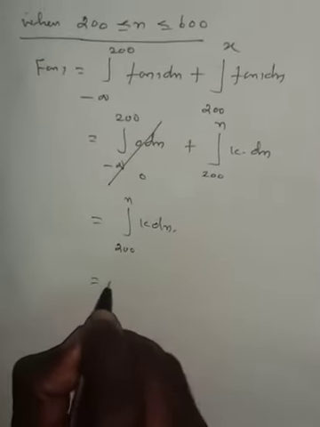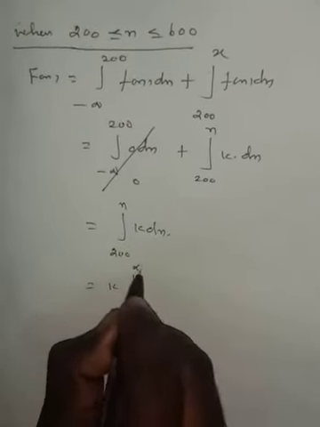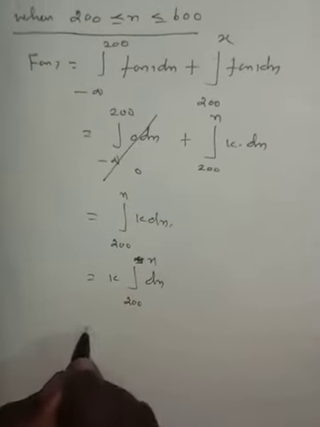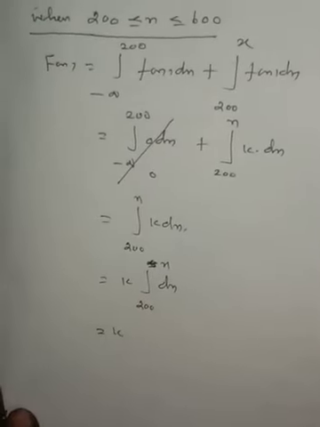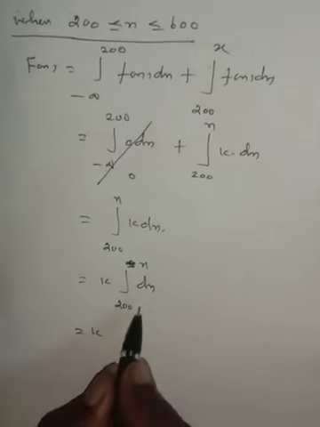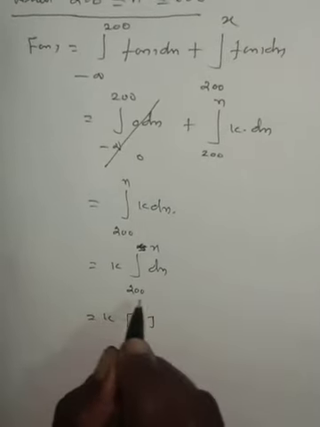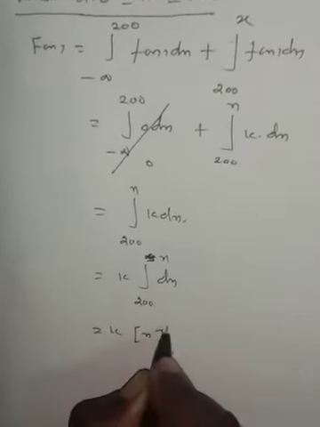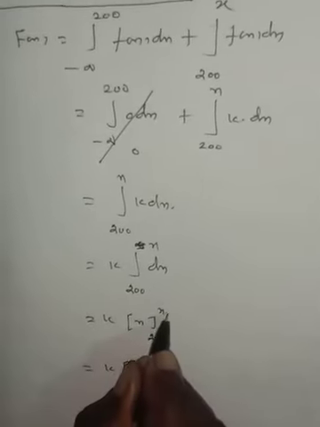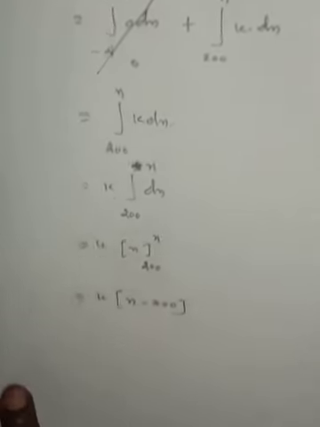Now k is a constant number outside the integral, so k into x taken over the limit, lower limit 200, upper limit x. Apply upper limit: k into x minus 200 is equal to kx.